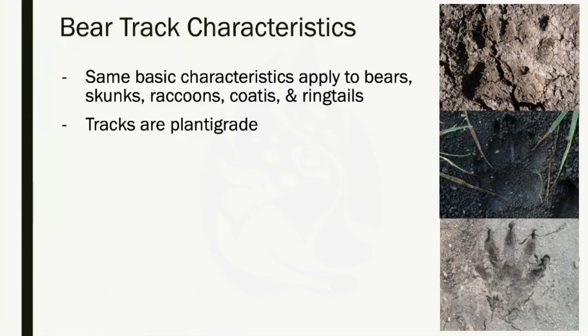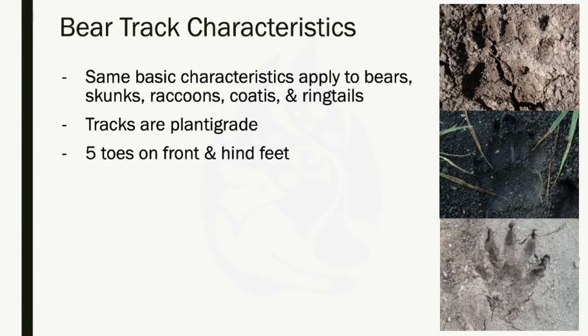That's different from canines or deer, who may only show, in the case of deer, only their toes, or canines or felines who only show, let's say, the heel pad. So when we see a whole foot that registers like this, then we generally know that it's going to be one of these species if it's a mammal.